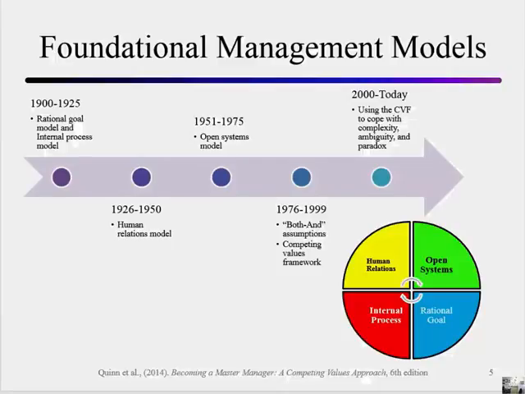So the human relations model, it's the top left-hand quadrant of the CVF framework in your text. And its criteria for effectiveness, what it considers an effective outcome for a management environment to be, is an environment that espouses or uses commitment and cohesion.